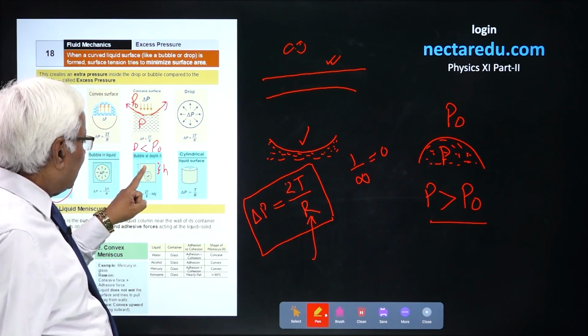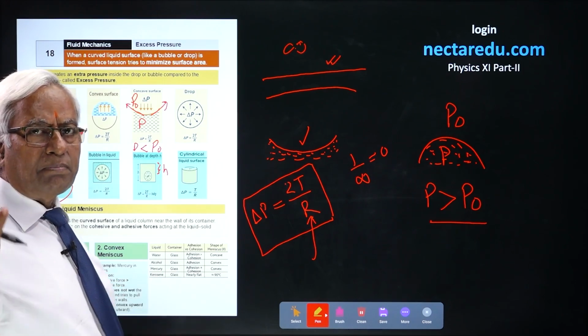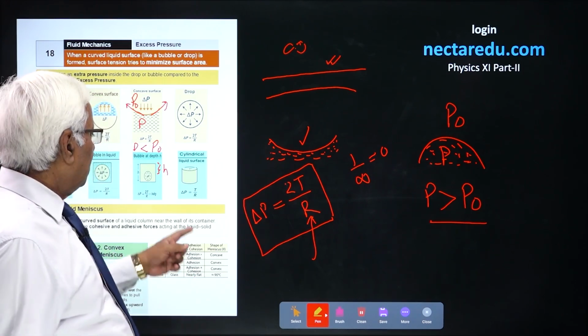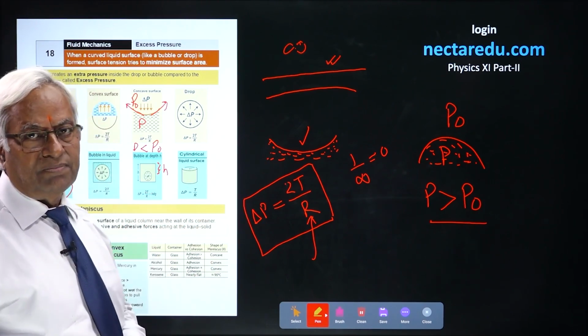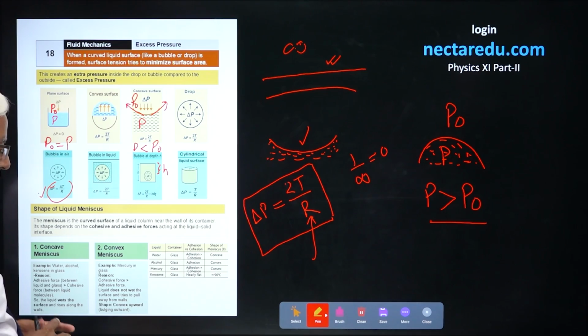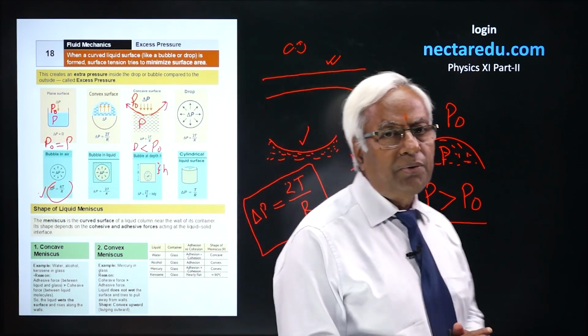So, net pressure inside this bubble is going to be greater than atmospheric pressure by the amount 2T by R plus hρg. Then concave and convex surfaces, I told you.